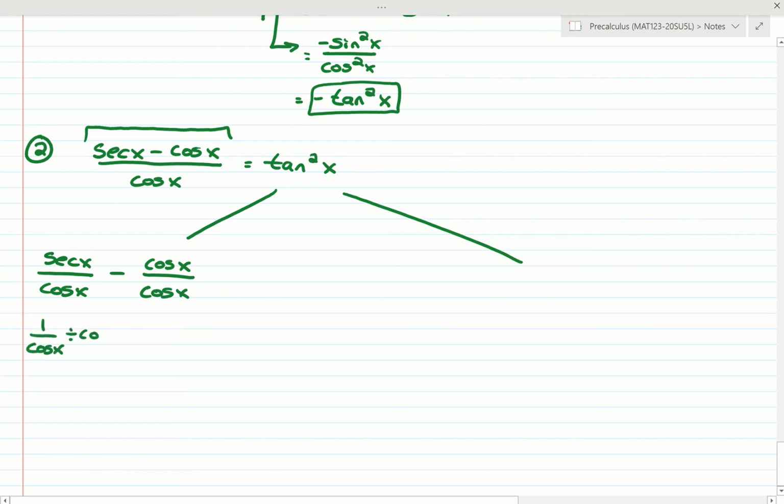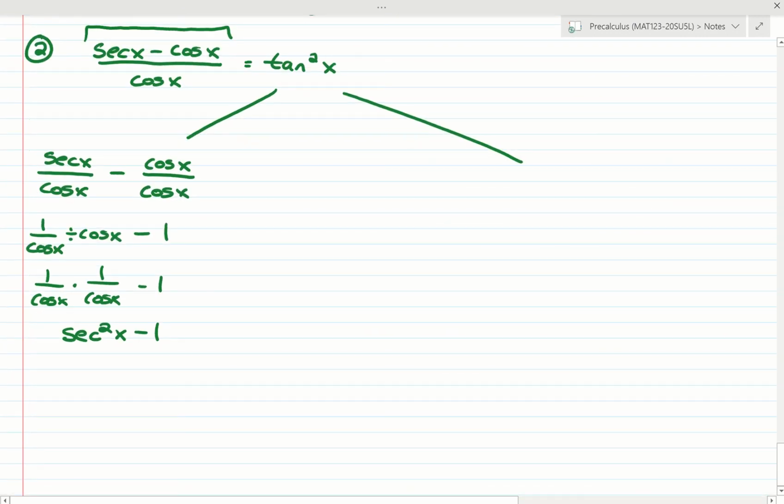We're dividing by cosine and subtracting 1. So when you divide by cosine, that's the same thing as multiplying by the reciprocal. 1 over cosine squared is secant squared of x minus 1. And remember from our Pythagorean identity, we know that tan squared plus 1 is equal to secant squared. So what's secant squared minus 1? Just tangent squared.